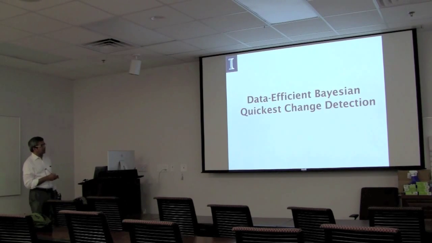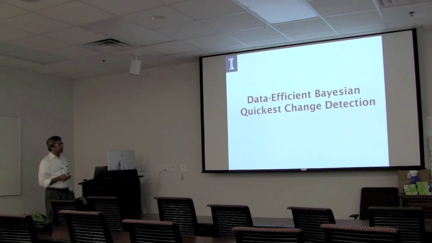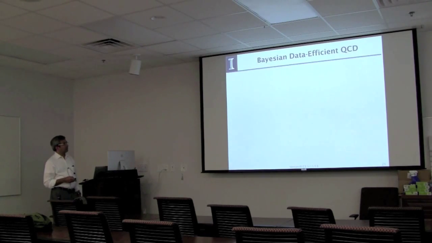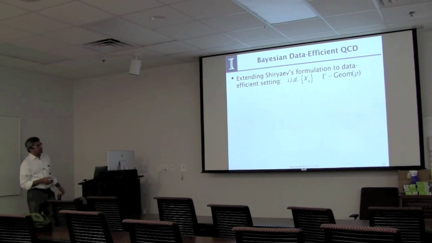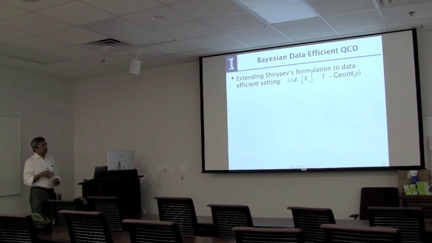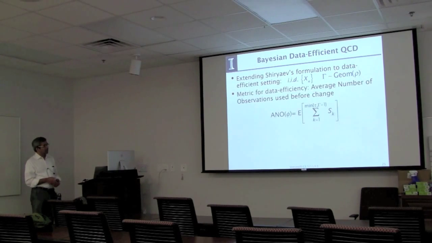Okay, so now let's actually talk about a formulation of data efficient quickest change detection in the Bayesian setting first. So we basically extend Shiryaev's formulation. Again, we'll assume that we have a prior on the change point, which is geometric.